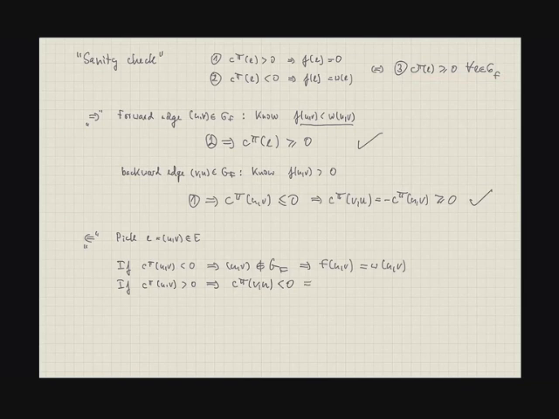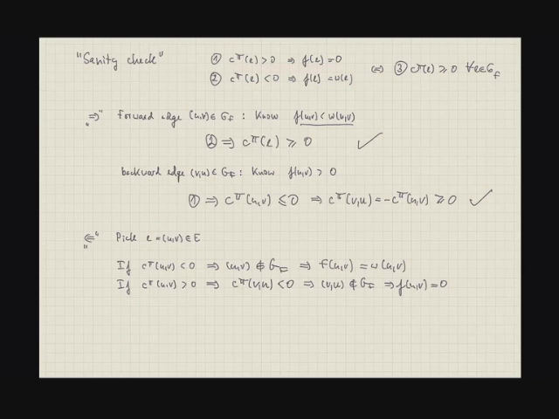So we get the conclusion that the edge from V to U is not in the residual graph GF. But if the edge from V to U is not in the residual graph, on the edge from U to V we cannot have any flow value, right? So that means the flow value from U to V, the forward direction, must be equal to 0, because otherwise the corresponding edge would be part of the residual graph. And that again is the condition that we wanted to show.